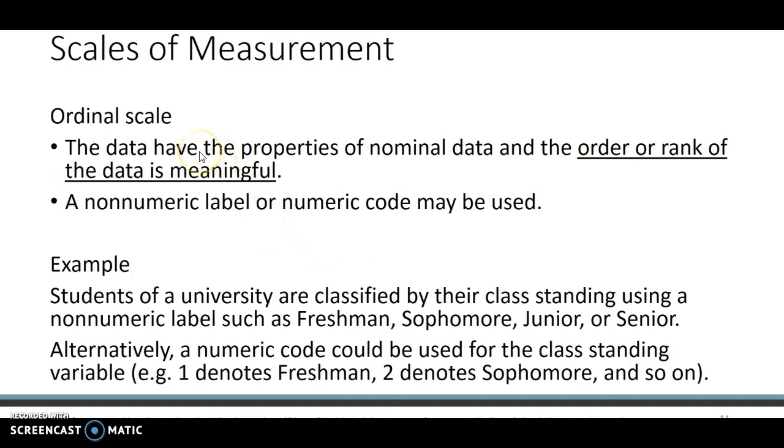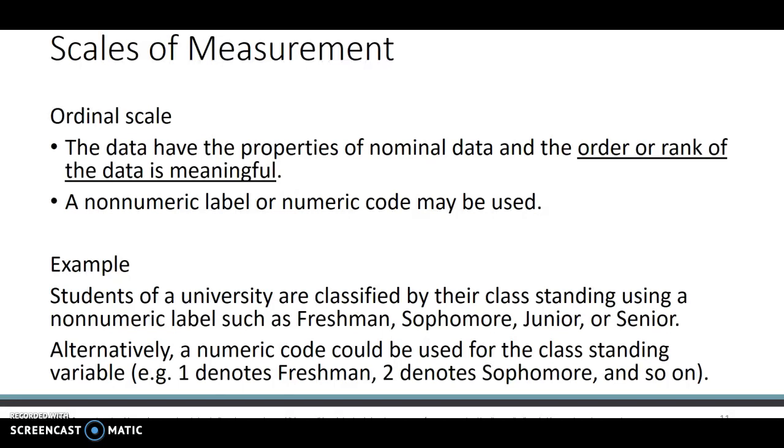Ordinal scale data. The data have properties of nominal data, and the order or rank of the data is meaningful. This is important. A non-numeric label or numeric code may be used. The most common example of this would be standings, say in a baseball league, say the National League West. The Dodgers might be in first place. The Padres might be in second.